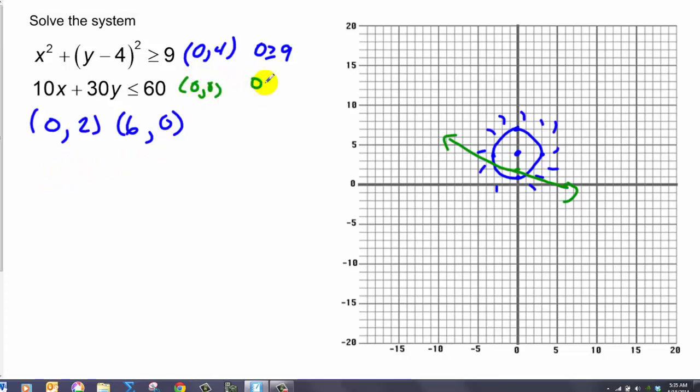I get 0 less than or equal to 6. It's true. So I shade down this way, and my double shaded region would be everything below that line, but not the little portion of the circle.